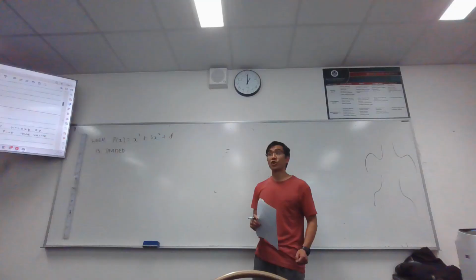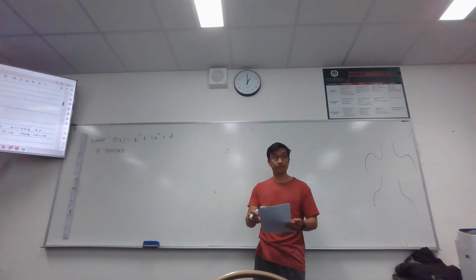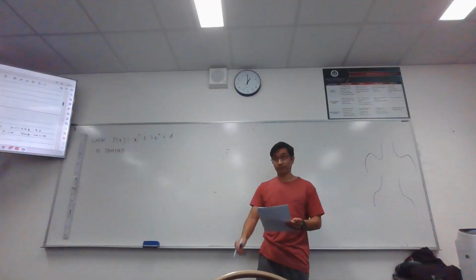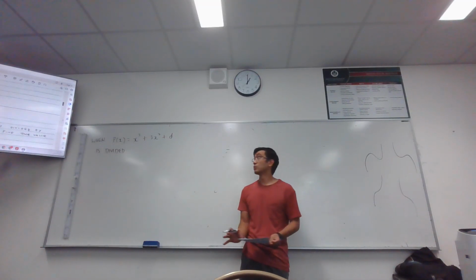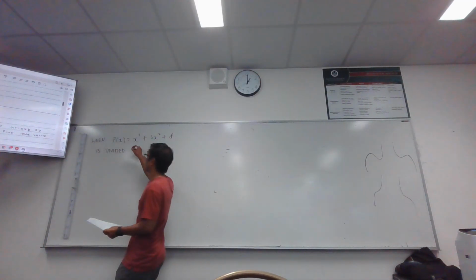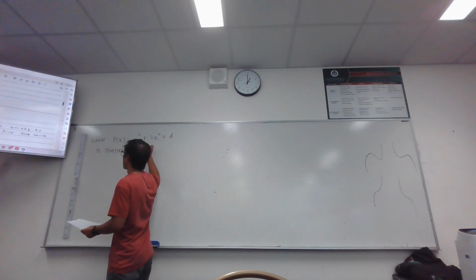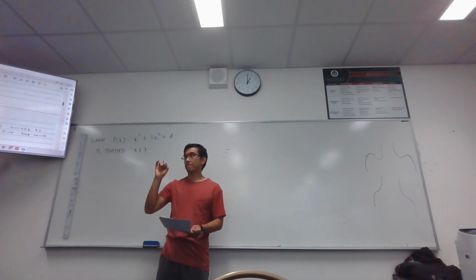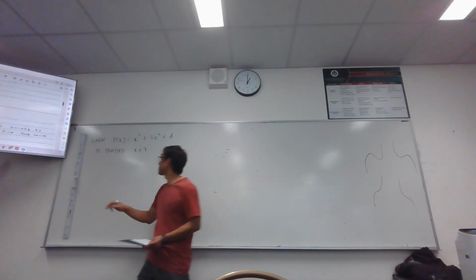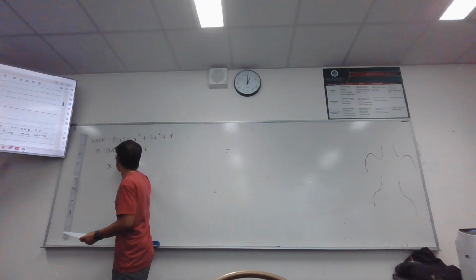I've got to find an unknown. What are you going to do with the information provided? What steps did we do before? What are we going to do with the x plus 2? Yes. Thank you, Jesse.